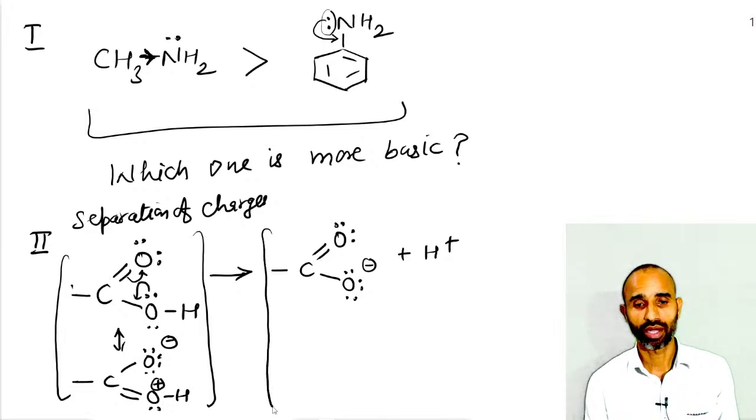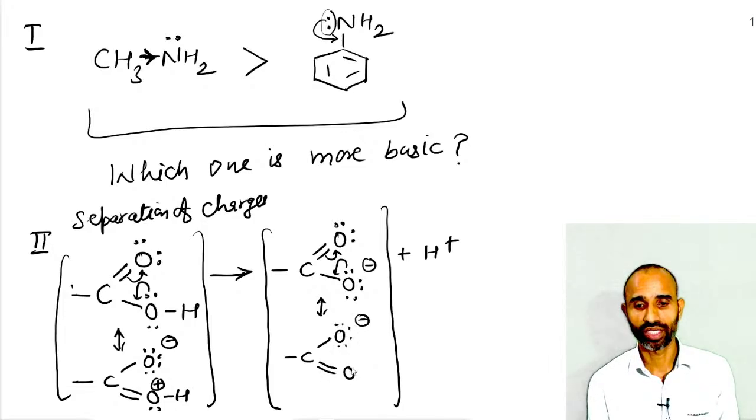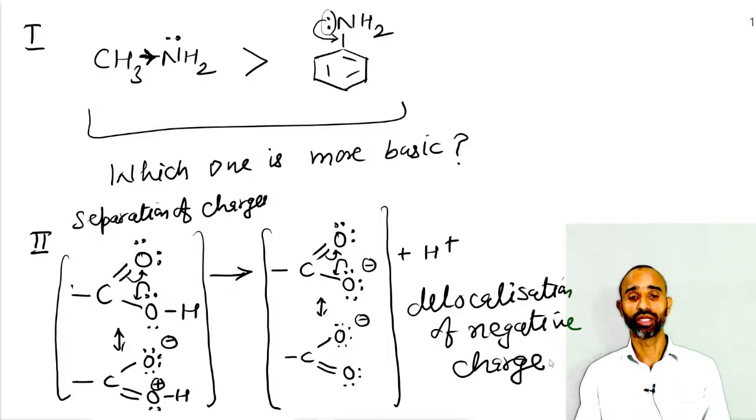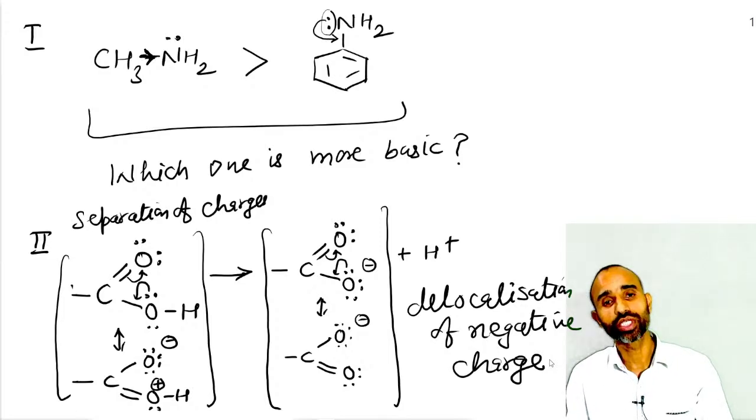But in the carboxylate ion, there is delocalization of negative charge. So as there is delocalization of negative charge, the carboxylate ion is more stable than carboxylic acid.